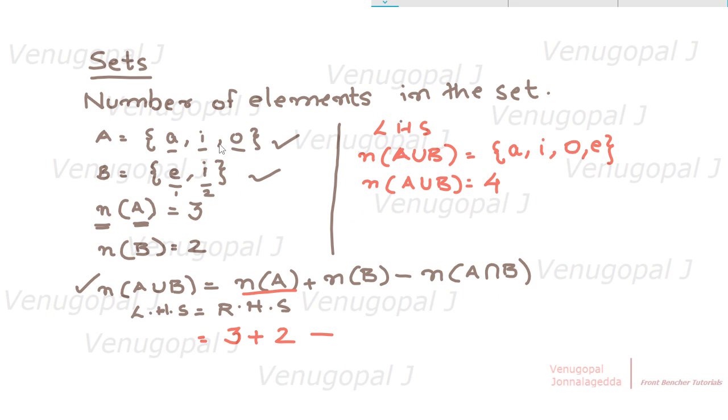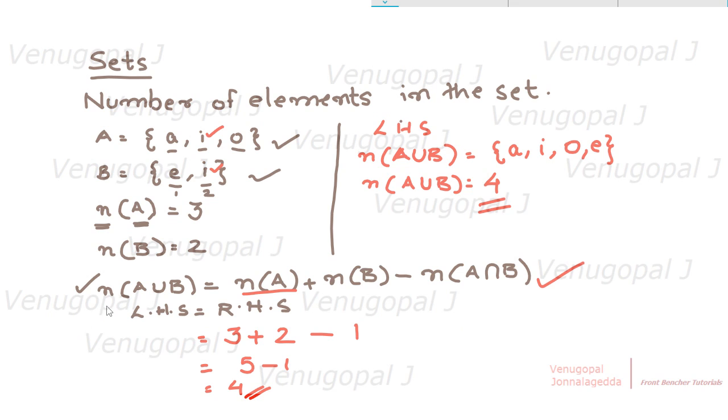So the common element here is I. So the number of elements is 1, right? So 3 plus 2 is 5, 5 minus 1 is equal to 4. So our LHS is 4, our RHS is 4. So this identity is proven.